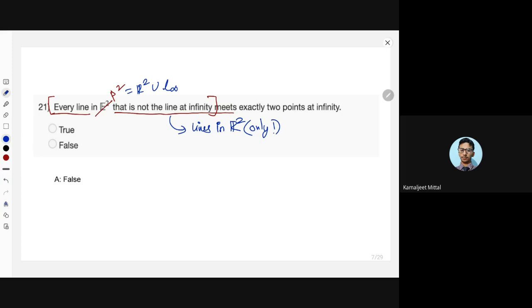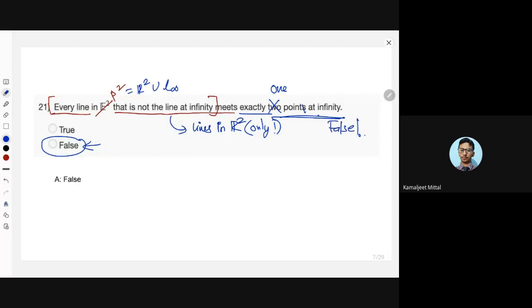So the line in consideration is in R2, and any line in R2 intersects L infinity at only a single point, precisely determined by that line. So this statement is false, because it would be true only if it were exactly one point.